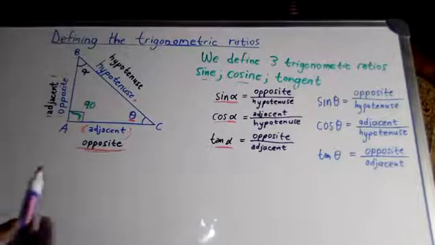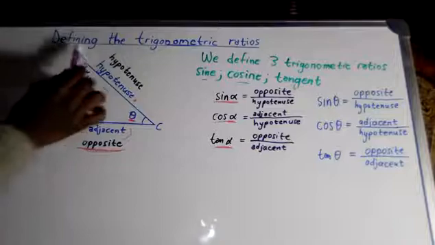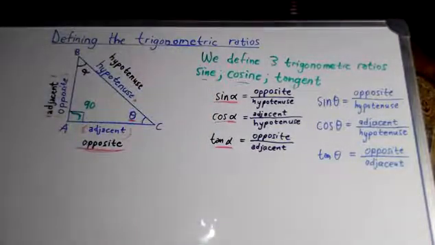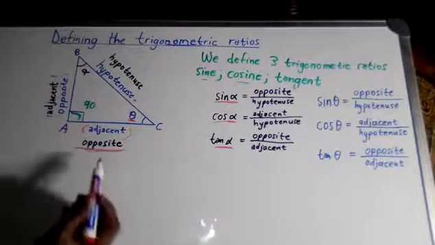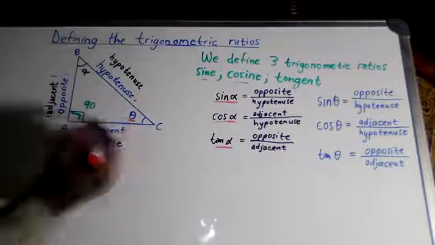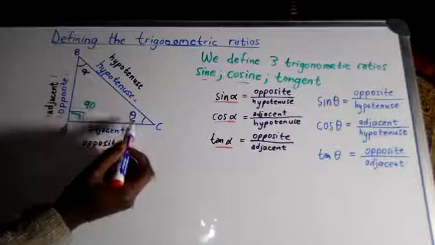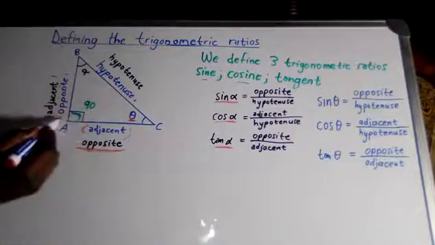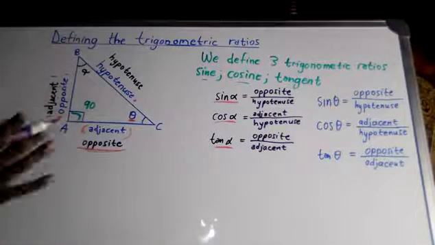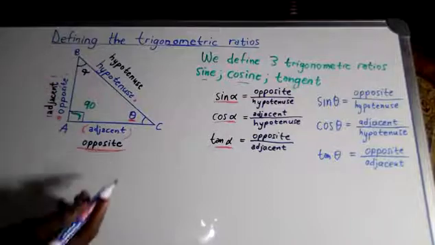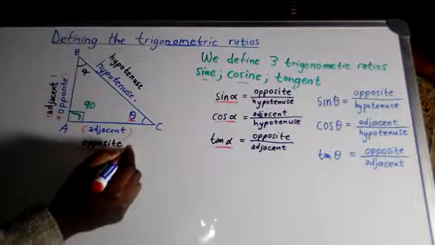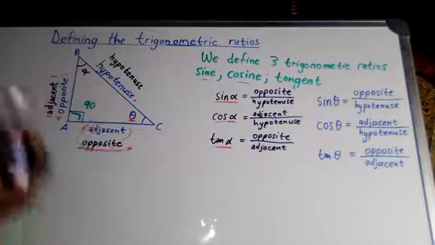So when you are defining trigonometric ratios, you focus on the angle that you are working with. If I'm working with theta, my opposite is this one. If I'm working with alpha, my opposite is this one. Same as the adjacent.